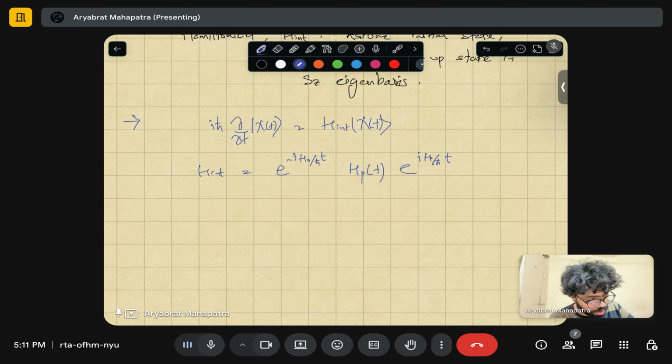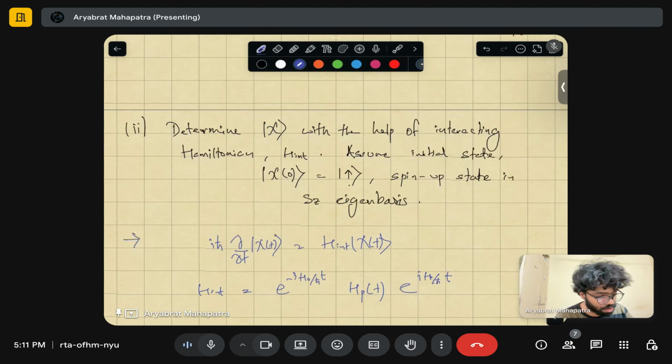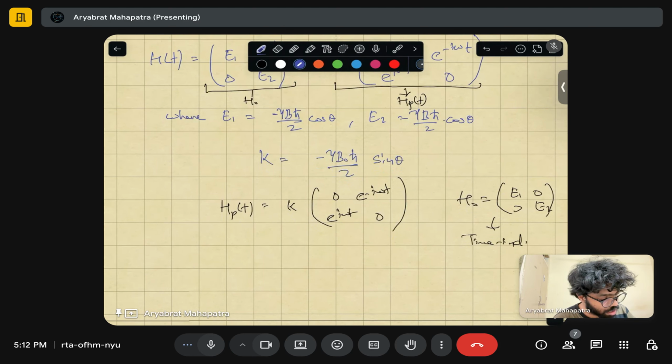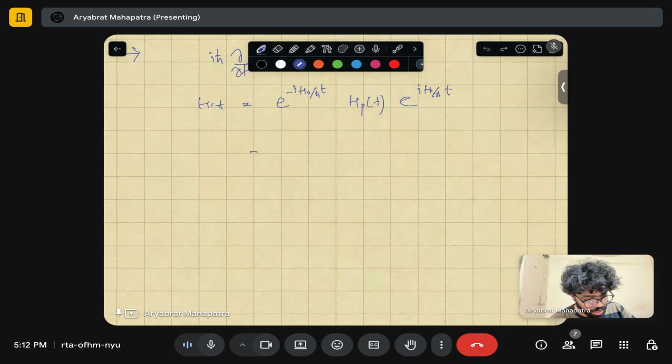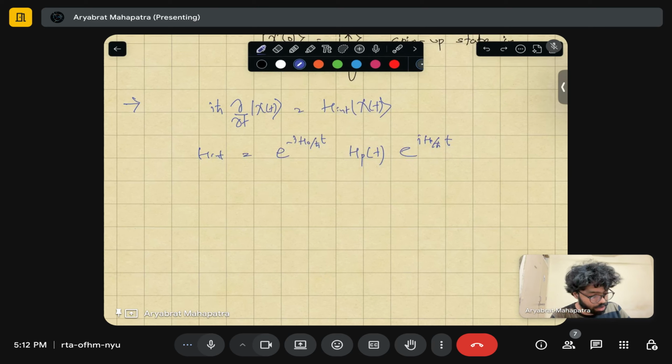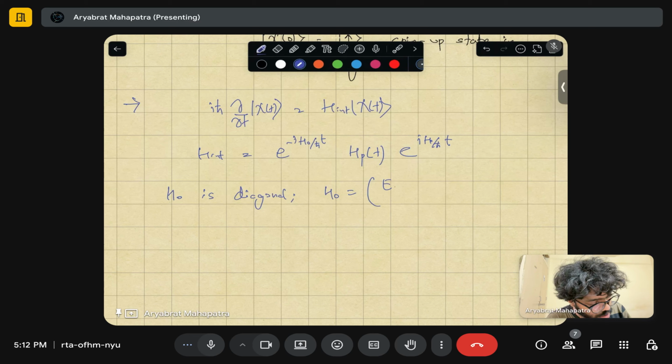So we have already calculated what is our h0. So this is h0, and you see h0 is a diagonal matrix. For any diagonal matrix, that means h0 is e1, 0, 0, e2.